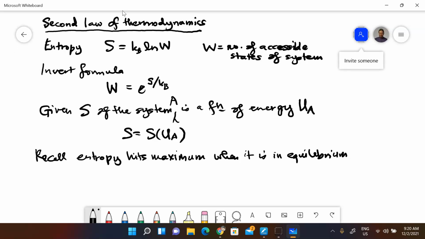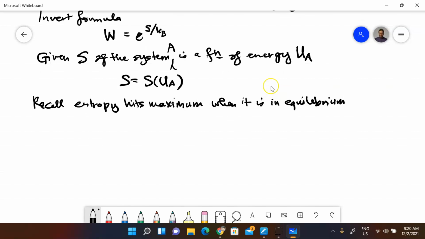Okay, let me go down. Maybe I use the mouse. Okay. So meaning we will consider the case where, when this happens, this is precisely at some particular energy, and this happens at say UA star.